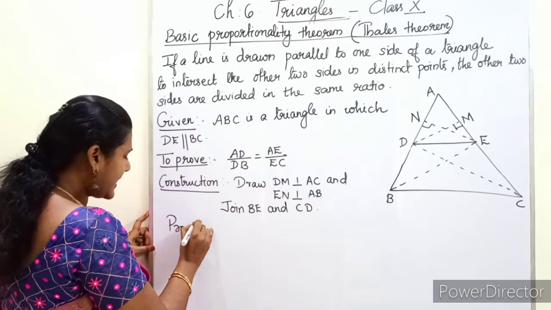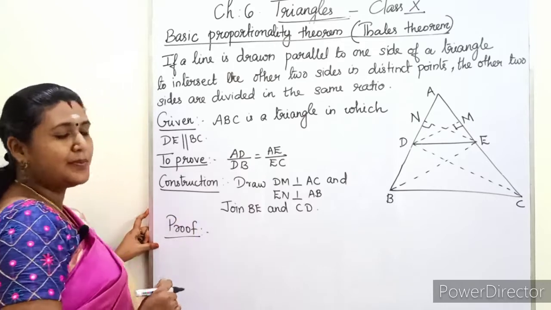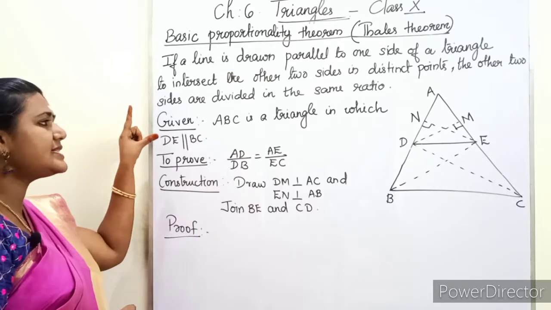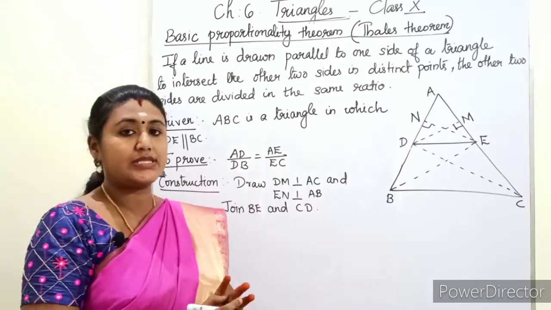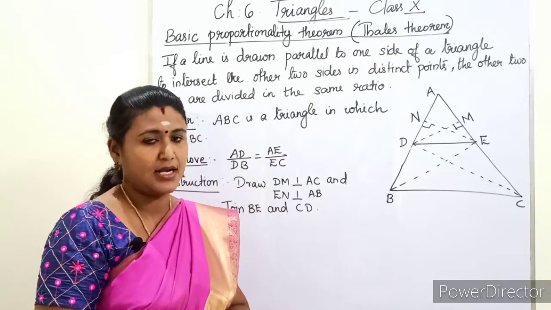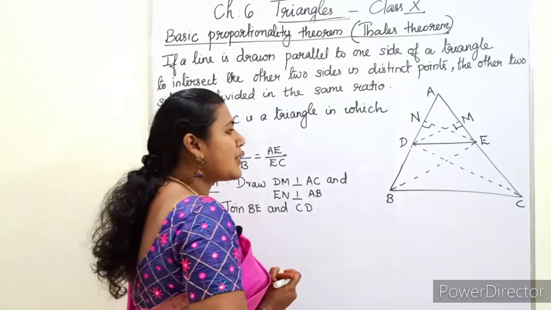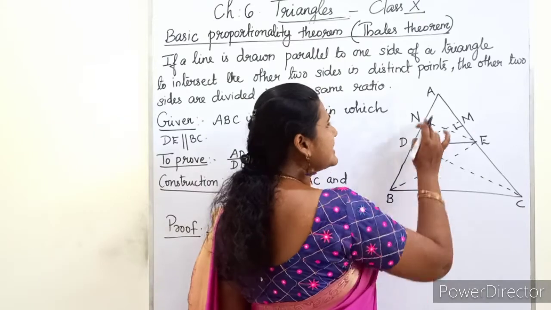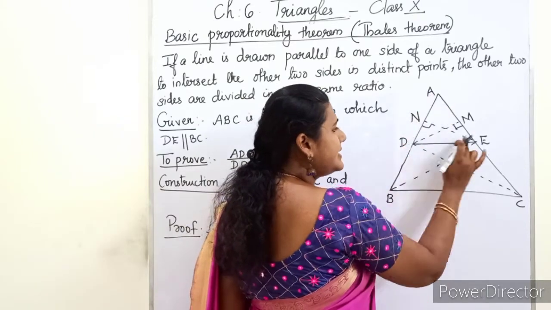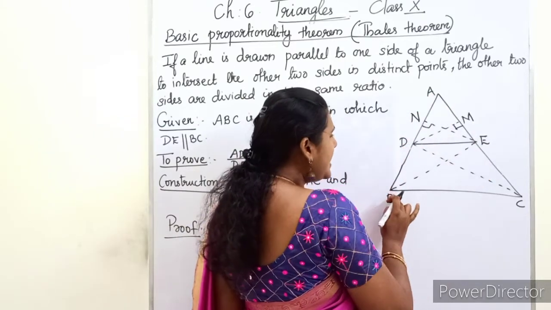Now we will see the proof. For proving this theorem, we use the concept of area of a triangle. First we consider two triangles, triangle ADE and triangle BDE.